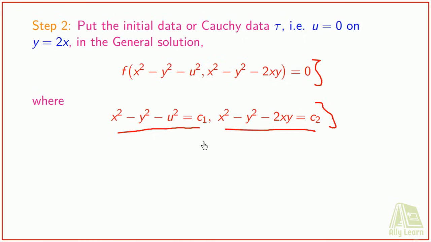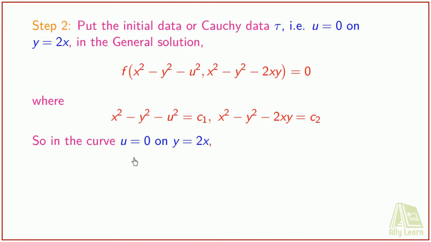Now we will find an expression for an arbitrary point on this curve, and then we will put that arbitrary point in these two equations.